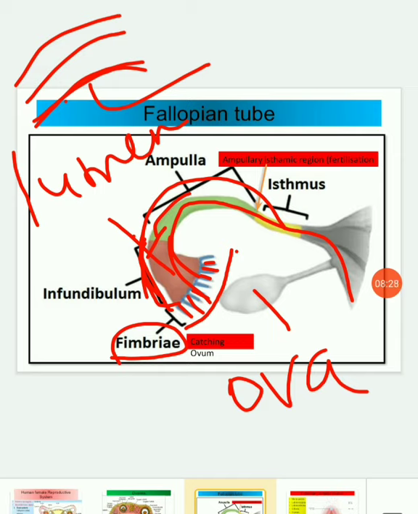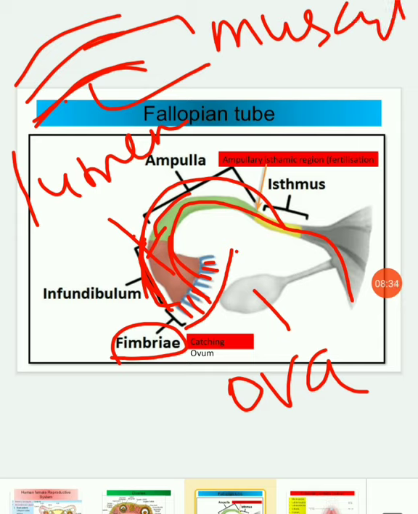The second layer is muscularis. It has smooth muscles, responsible for the wave of contraction. Because of this contraction, the ova moves towards the uterus.